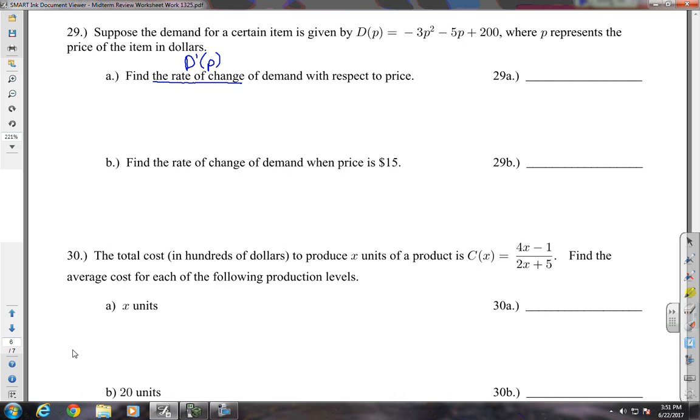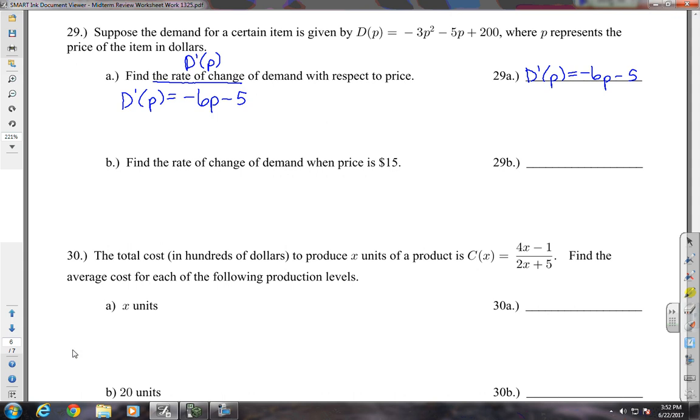Recall, this is an instantaneous rate of change as opposed to an average rate of change. So D prime of P becomes negative 6P minus 5, just differentiating term by term using the power rule. So our rate of change function, D prime of P, very simply, is negative 6P minus 5.